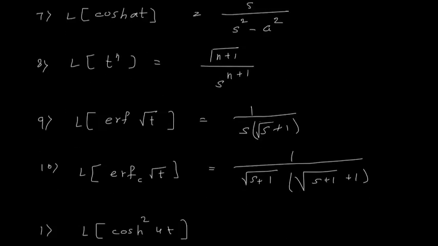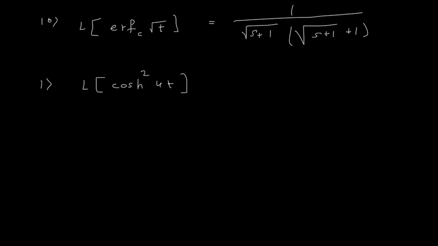So I need to convert this cos hyperbolic square into that form. Laplace of cos hyperbolic square 4t is Laplace of 1 plus cos hyperbolic 8t, whole divided by 2.